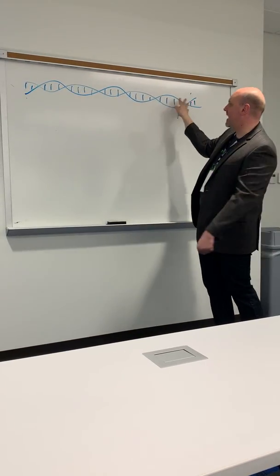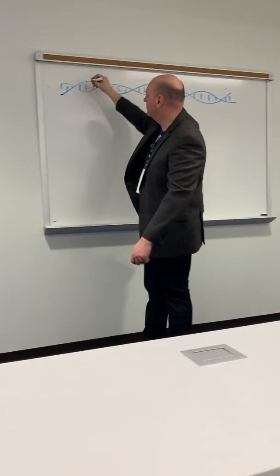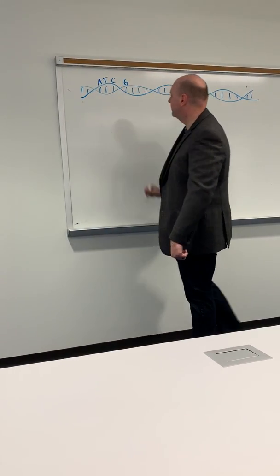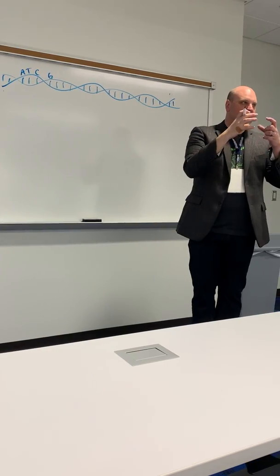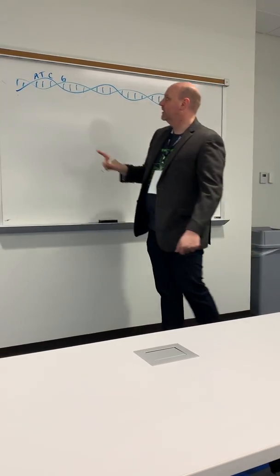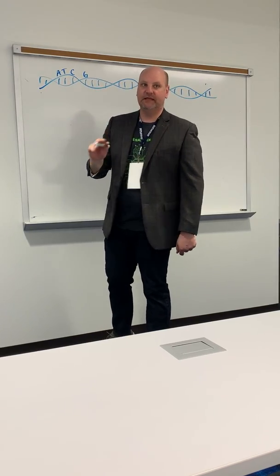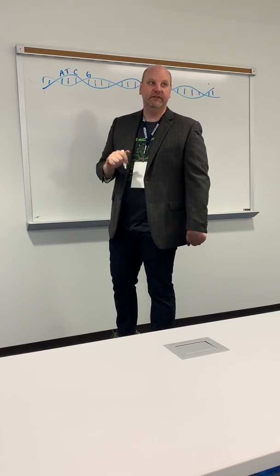So these are just backbones. And you have these different molecules that exist inside these two rungs. Adenine, thymine, cytosine, and guanine are their names. You don't need to worry too much about that, but A, T, C, and G is how we abbreviate them.